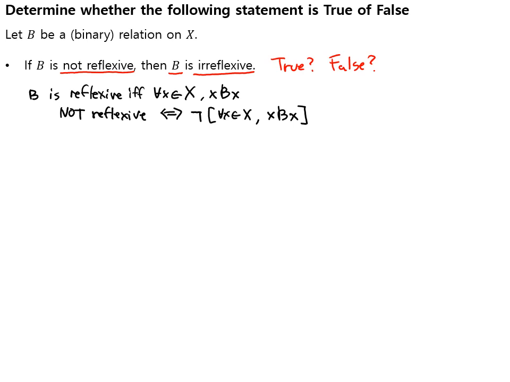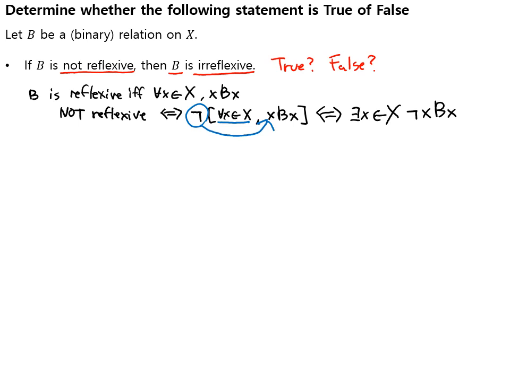And we already learned how to negate a quantified sentence. We move this negation sign inside the quantifier, and the universal quantifier changes into an existential one. So what this turns into is: there exists an element x in X such that it is not the case that x B x, that is, x is not related to x. Okay?